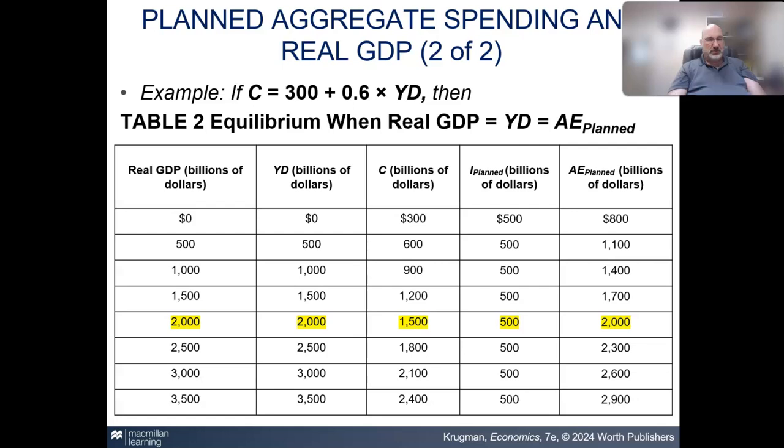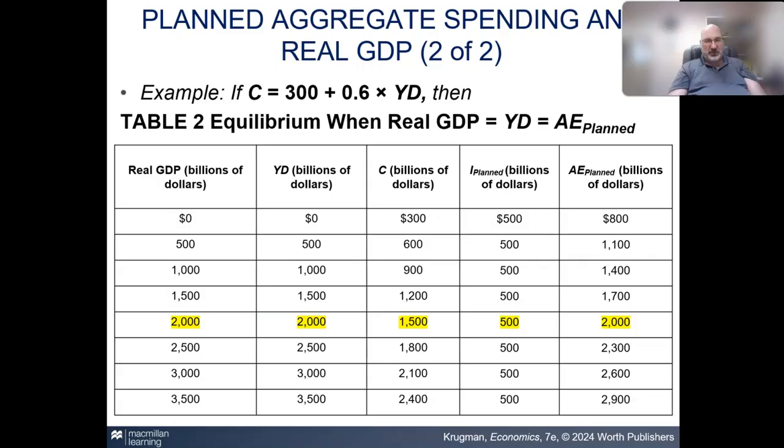If our consumption function is 300 plus 0.6 times YD, then we have real GDP on the far left, disposable income from 0 to 3,500, consumption from 300 to 2,400, planned investment of 500 at each level, and then planned aggregate expenditure from 800 to 2,900.